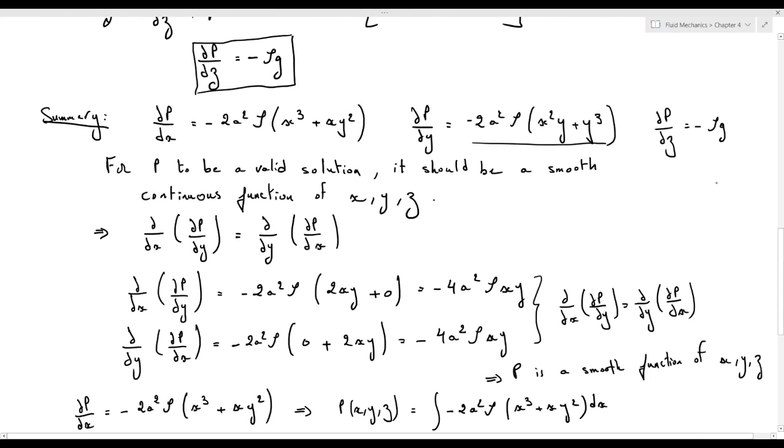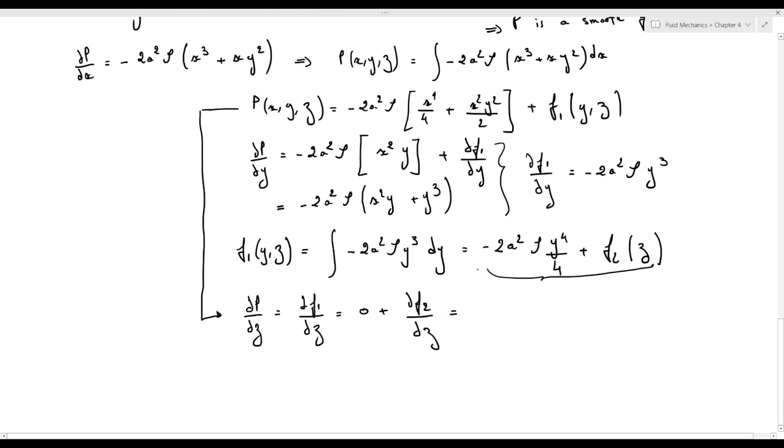And we know that ∂p/∂z is equal to minus ρg. Then we can say that ∂f2/∂z is equal to minus ρg, so f2, which is a function of z only, is equal to the integral of minus ρg dz.